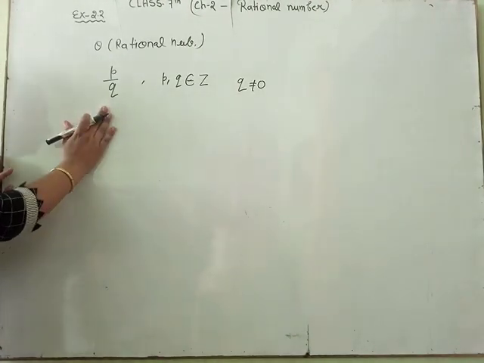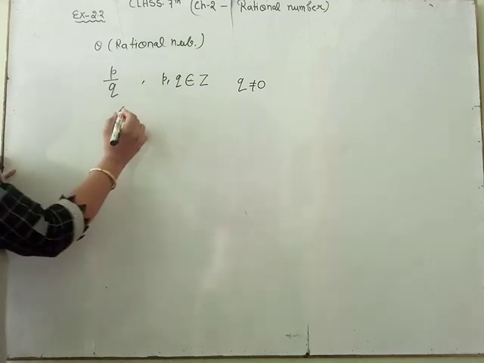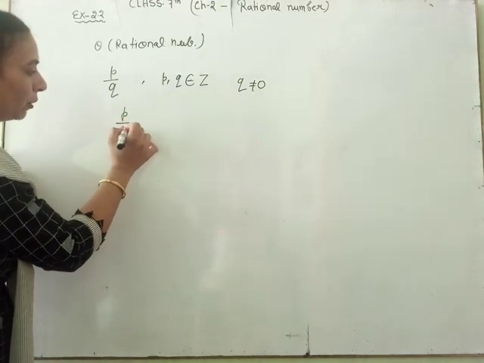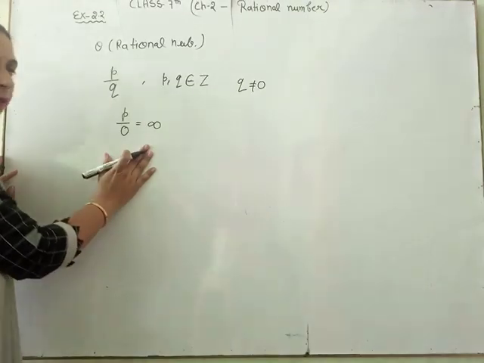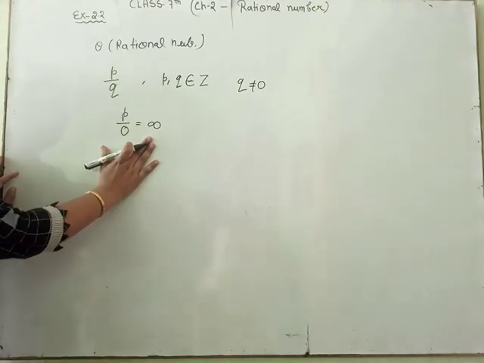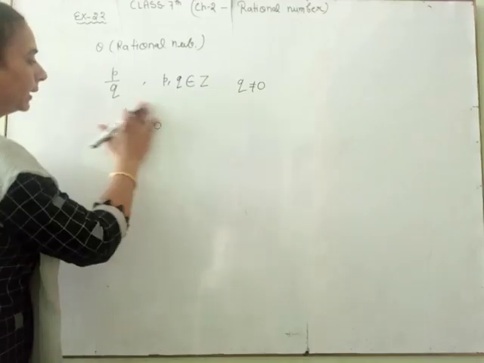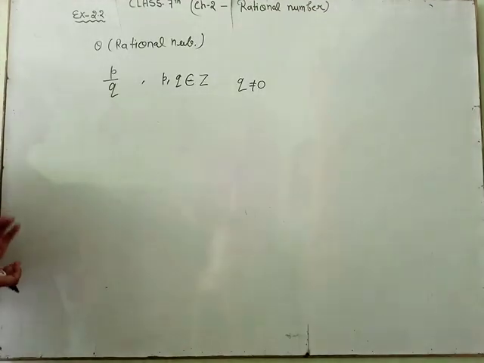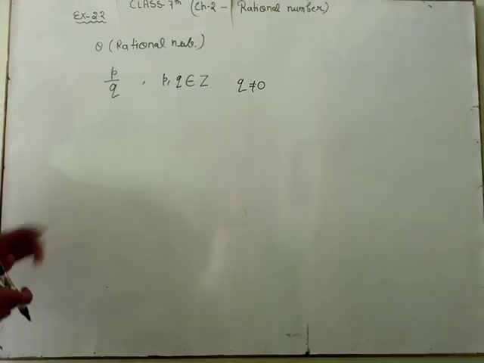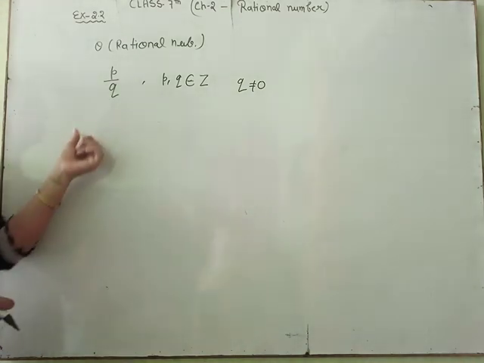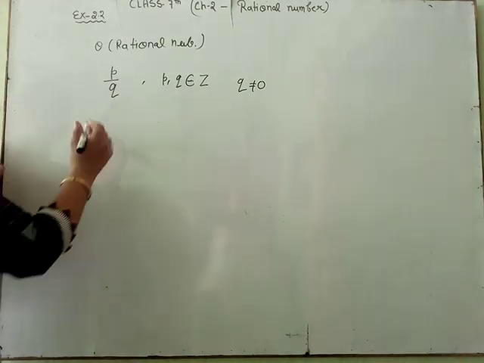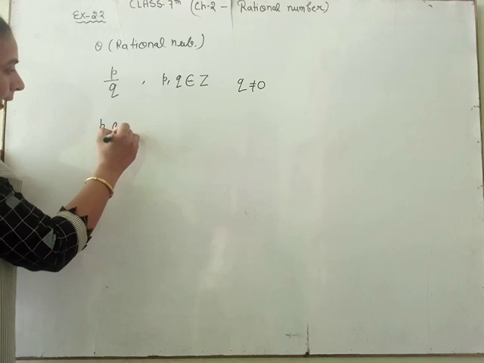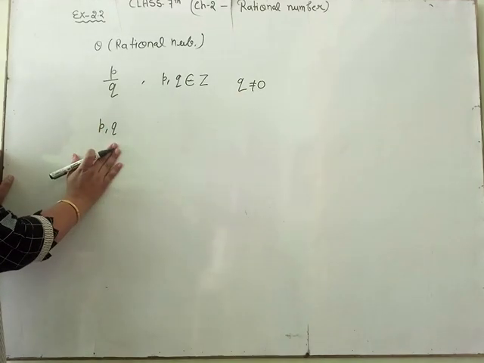Otherwise, if Q equals 0, then we write P by 0, and this is infinity, meaning not defined. So the condition is Q not equal to 0, and P and Q belong to integers. In the standard form of P by Q, P and Q are both co-prime.